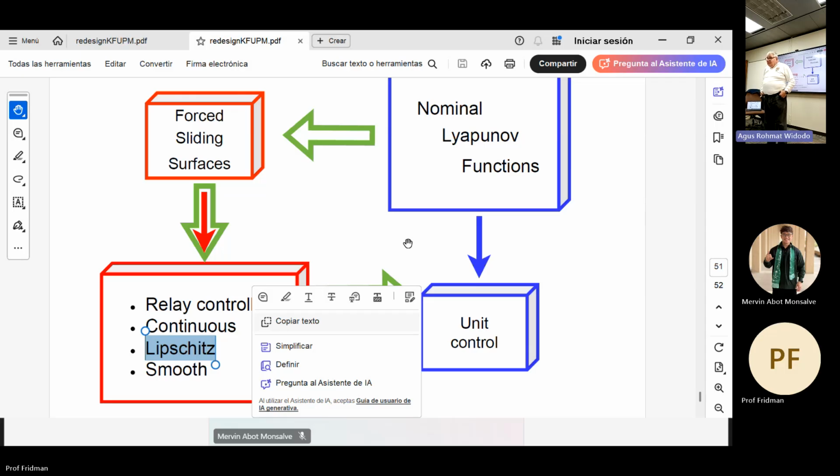Then for the 11th, the presentation will be from Rodrigo Aldana from the University of Sevilla. Then it will be a presentation of people from Supélec, France. They will speak about optimal design of sliding mode control.